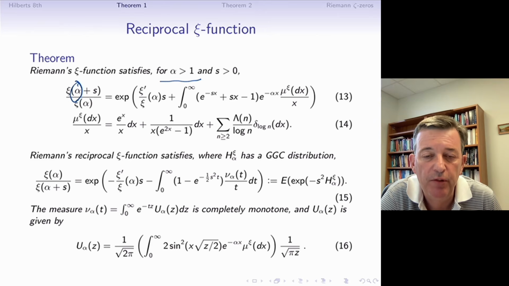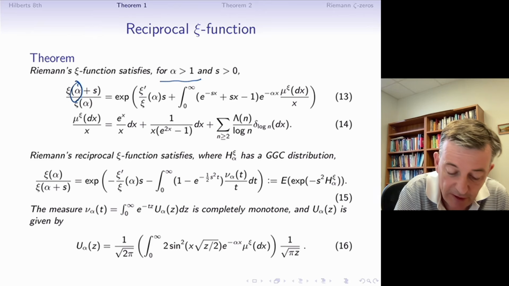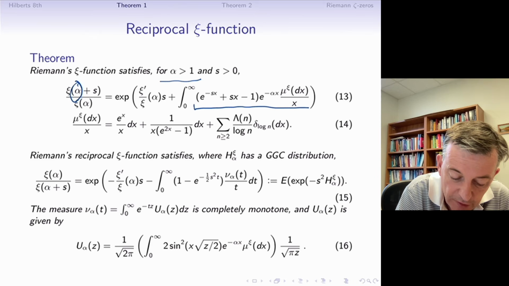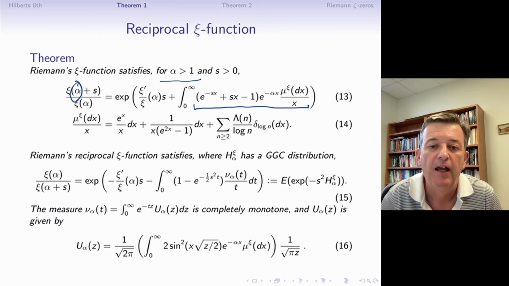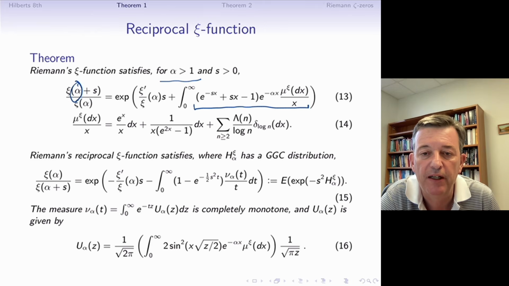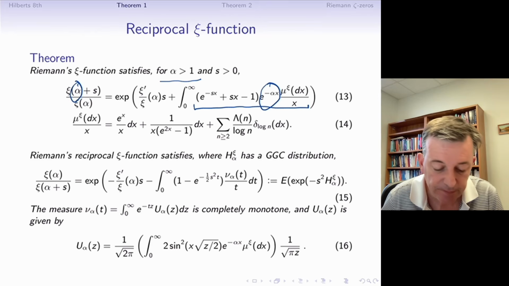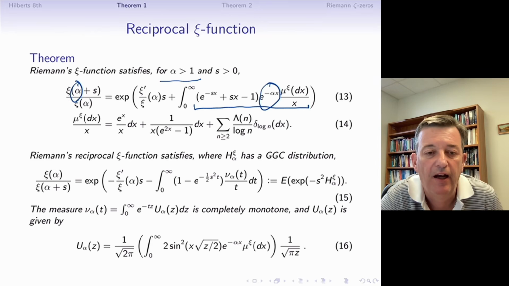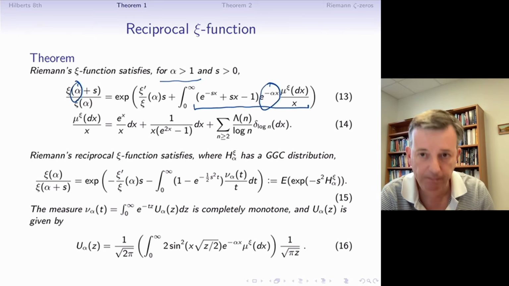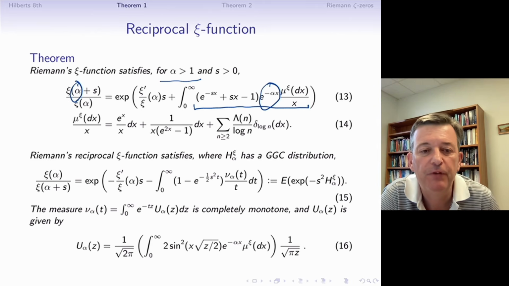So equation 13 will just be direct algebraic calculation, and essentially this is in Levy form. So this is essentially written as a Laplace transform with a Levy measure mu, and again direct calculation. Remember that there's an e to the minus alpha x that's also sitting in mu, which would hit this function here, and essentially we can characterize what the Levy measure is for the psi function.